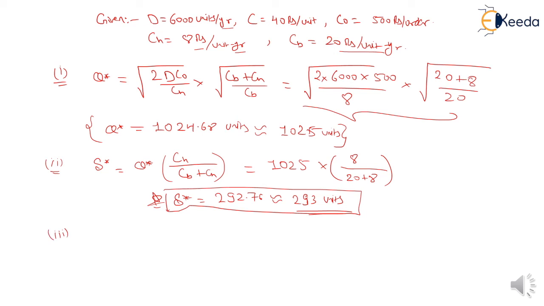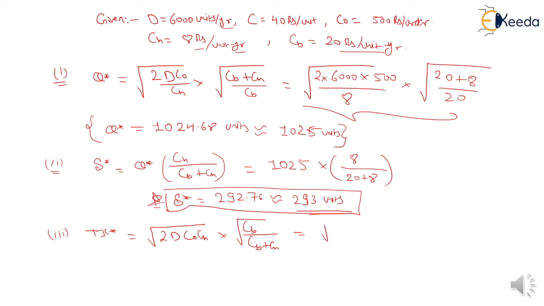Third one. Determine the optimal total inventory cost, the total inventory cost corresponding to Q star. We know that in the previous session we discussed the total inventory cost corresponding to Q star. Here directly apply this formula: under root of 2D C0 CH, into under root of CB upon CB plus CH.